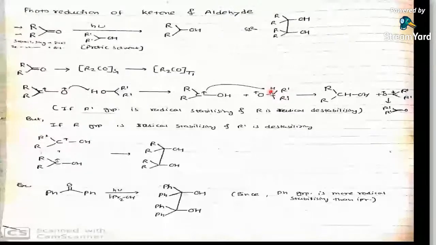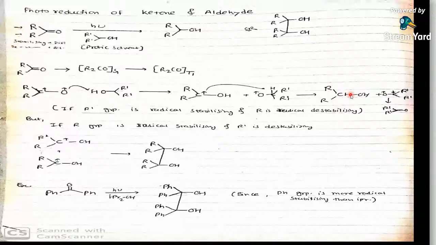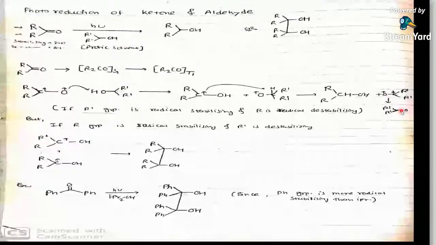Whatever protic solvent you are using will itself form a ketone, and your reactant, which was earlier a ketone, you are getting the alcohol. So from your ketone reactant you are getting the primary alcohol. No, not primary, it is a secondary alcohol. And the protic solvent is being converted into the ketone group.